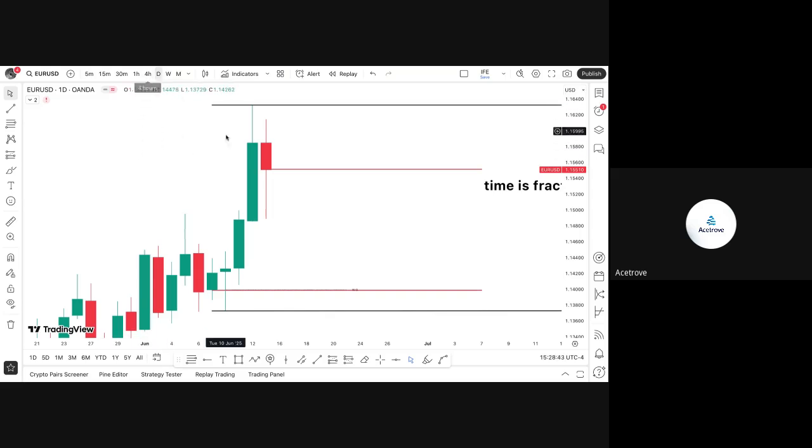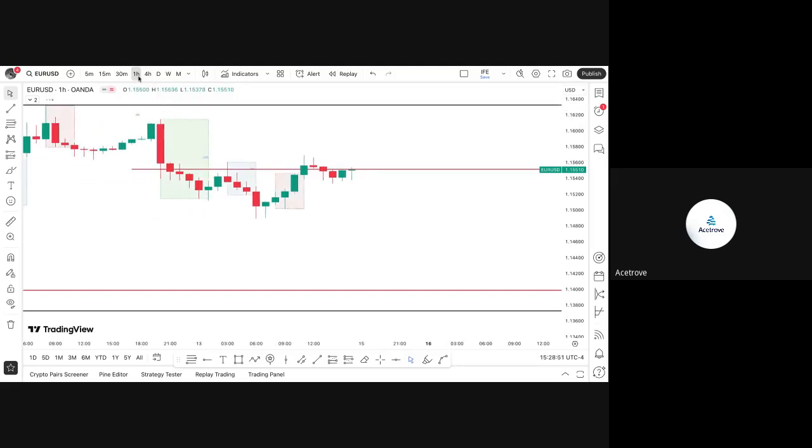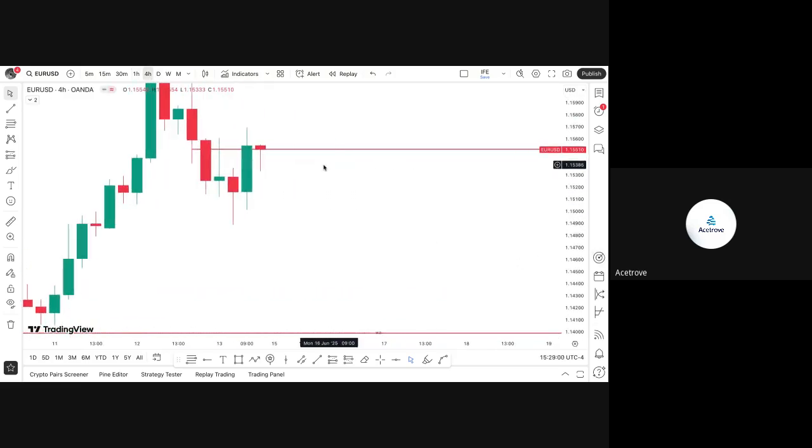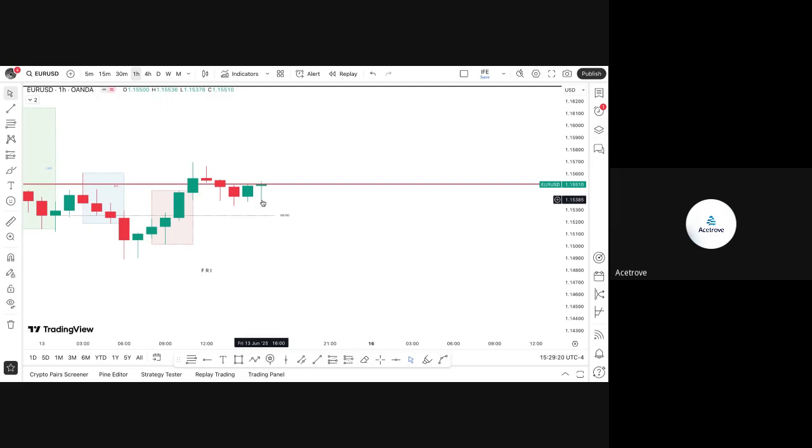If you keep going lower and lower, it's going to be the same thing. Six 4-hour candles will make up one daily candle, 24 hours divided by 6. Then four 1-hour candles will make up one 4-hour candle. Like if you look at this 4-hour candle that closed on Friday, inside this one 4-hour candle, you have four 1-hour candles.